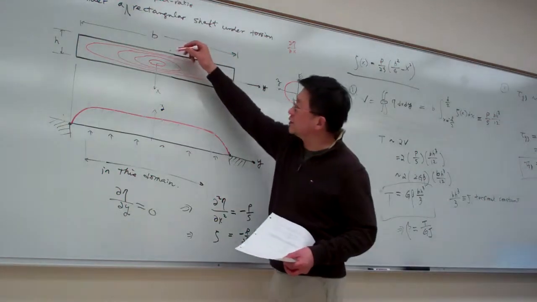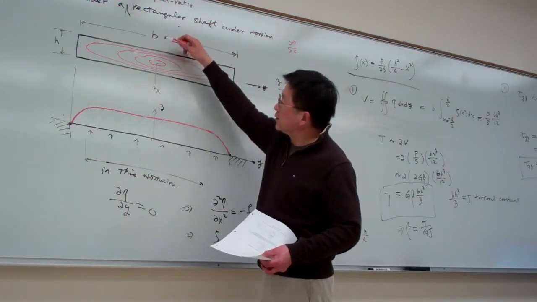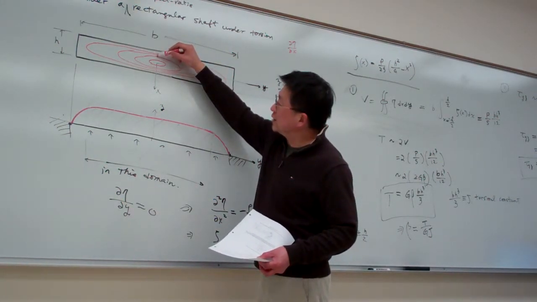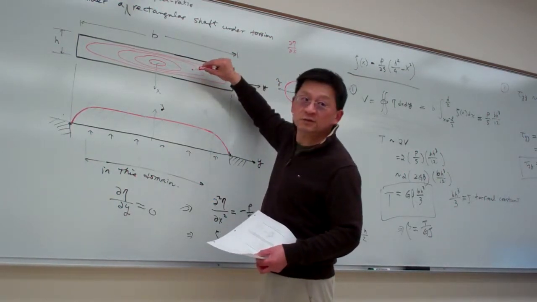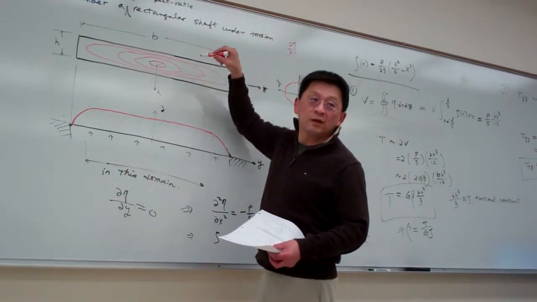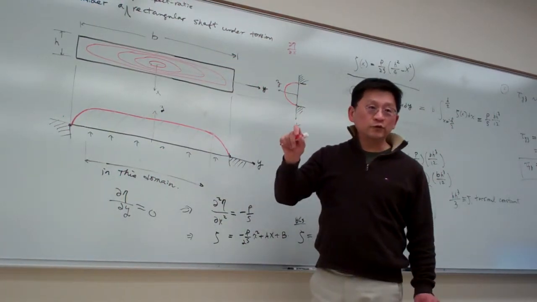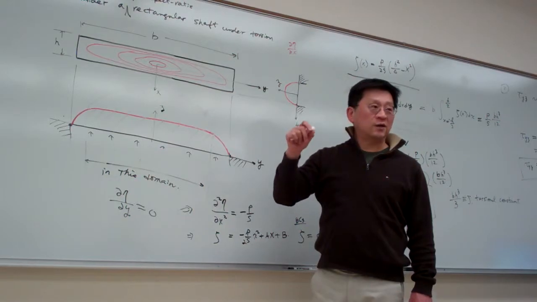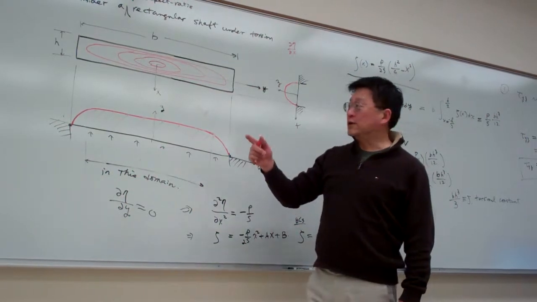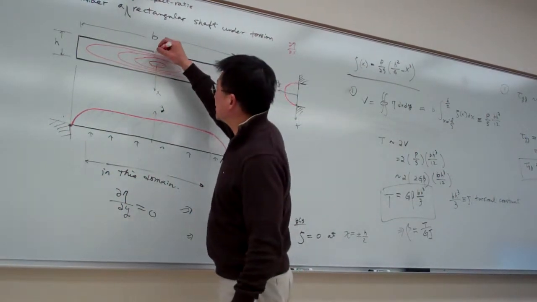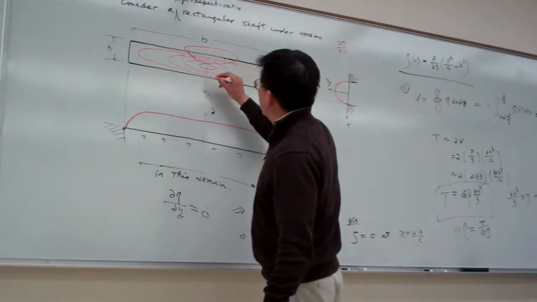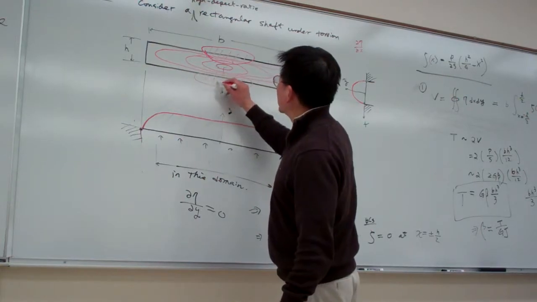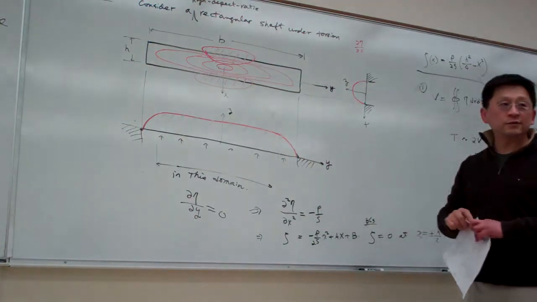Basically, we look at the x direction, you can see the gradient in this direction is much larger than the gradient in this direction, right? Again, the closer the distribution, the larger the gradient. The larger gradient means the larger stress. So let me highlight here and here. That is where the larger shear stress could occur.